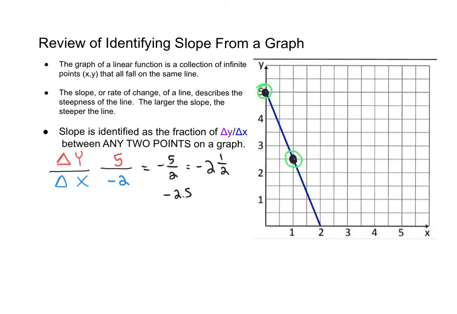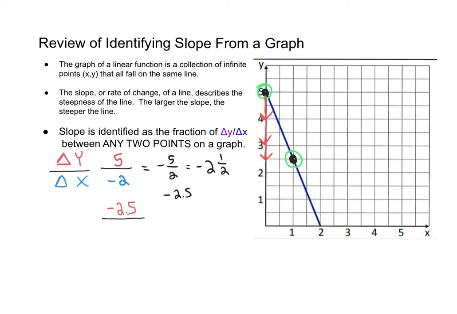And I'm still going to calculate my change in y first. So I know that I have to move from the top point to this midpoint, down 1, down 2, down 1/2. So instead of 5 divided by -2, I'm going to end up with -2.5 in my numerator.